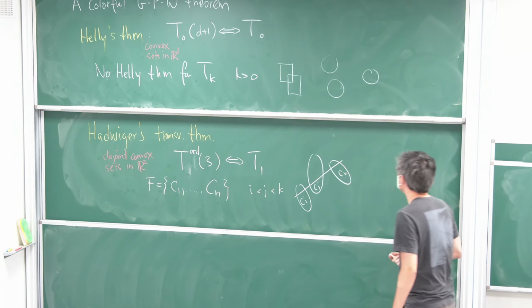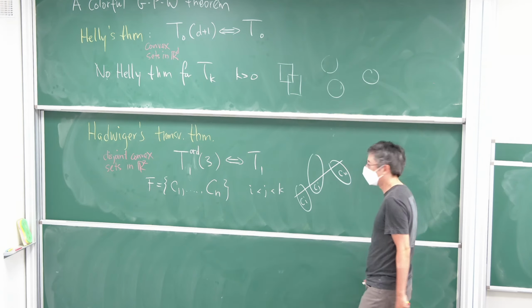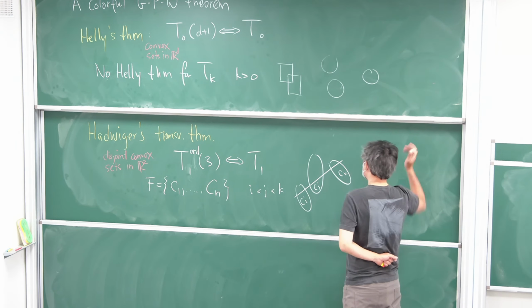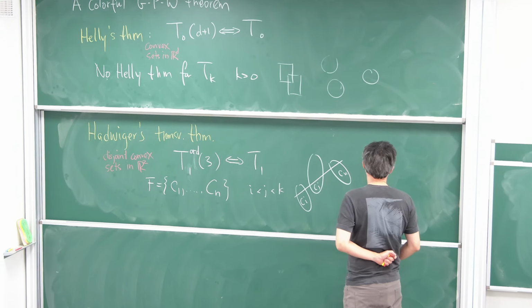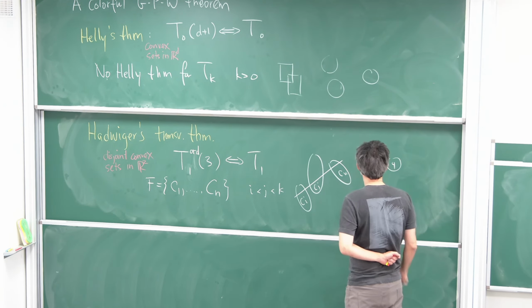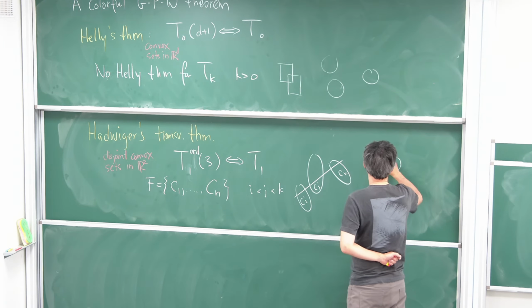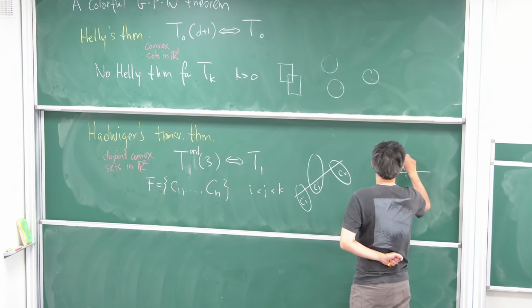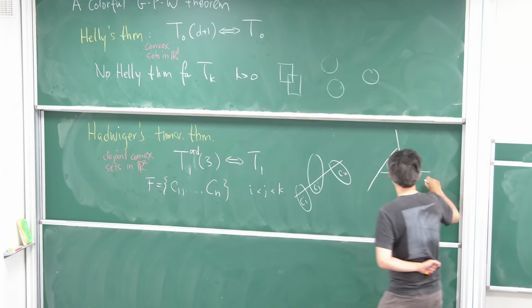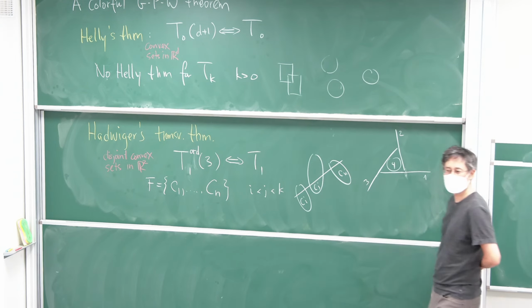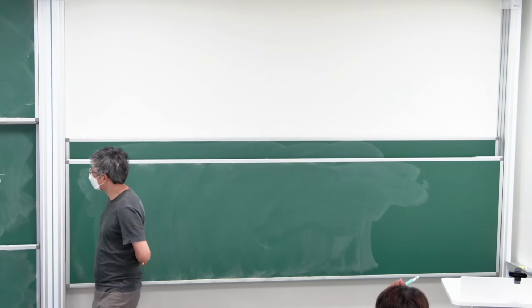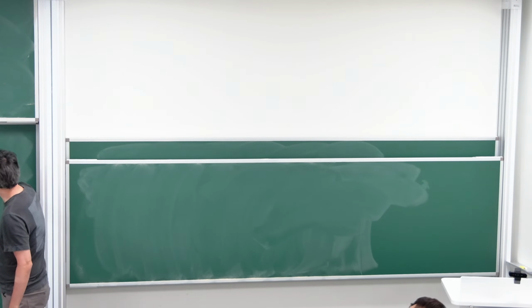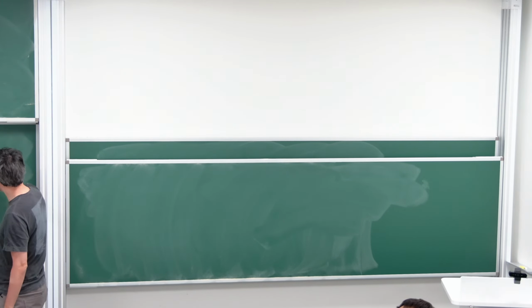I'll give you the example. Excellent question. Now let me see if I can remember. Yes. This is going to be 4. Now let me just do like this. Call this 1 and 2 and 3. Okay, so here there is, let's see, 1, 2, 3. 1, 2, 4.